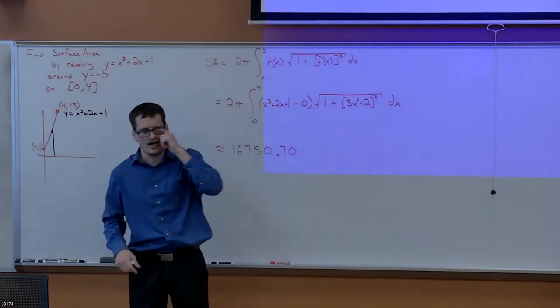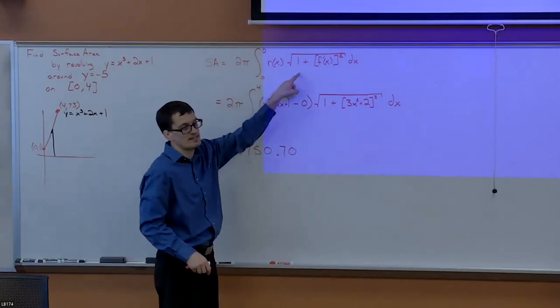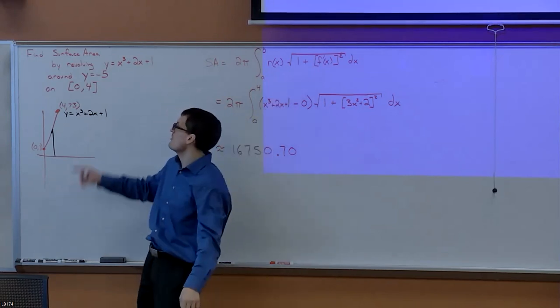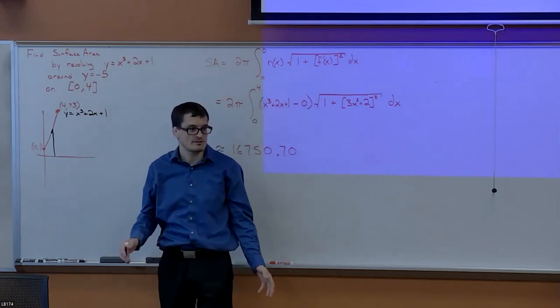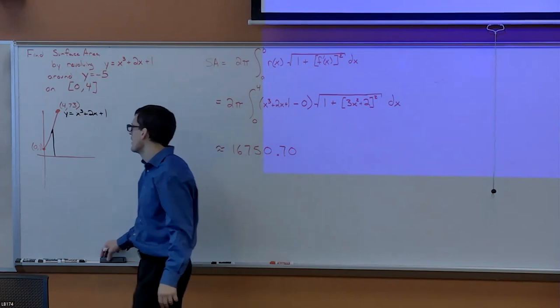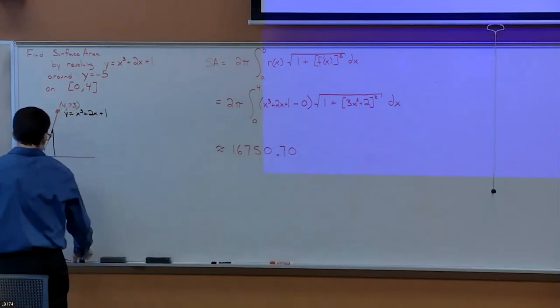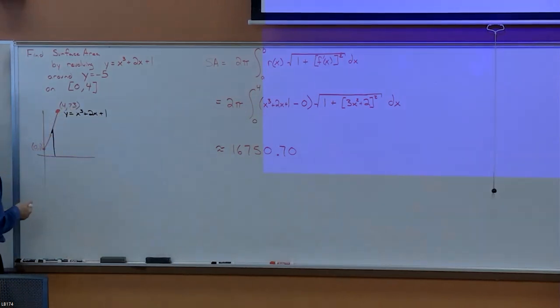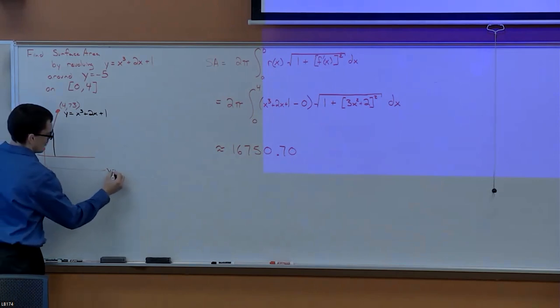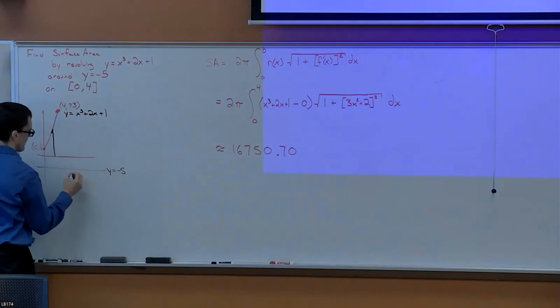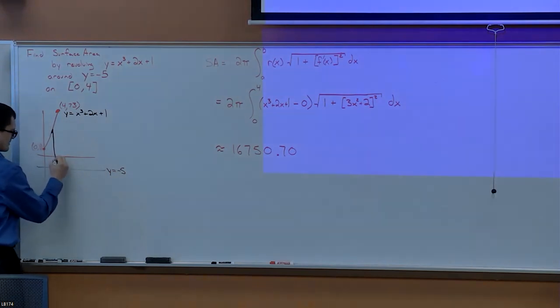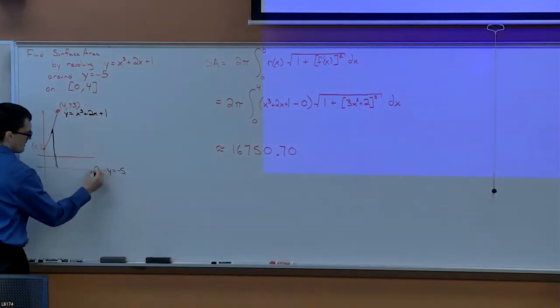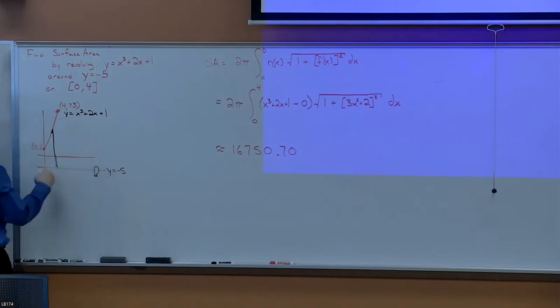Now, once again, I still want to be integrating with respect to x, because I don't want to have to solve this for y or do anything like that. In this case, y equals -5 is a horizontal line down there, right?